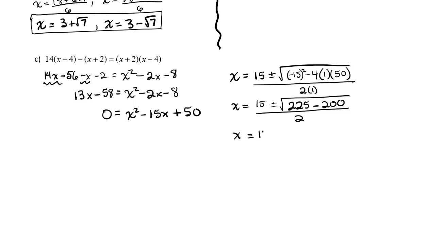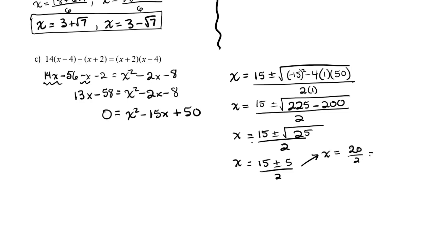Well, this looks like it's going to simplify nicely. 15 plus or minus the square root of 25 all over 2. We know that the square root of 25 is 5, so we get x is equal to 15 plus or minus 5 over 2. Our two solutions will be x is equal to 20 over 2, or just 10, and x is equal to 10 over 2, which is just 5.